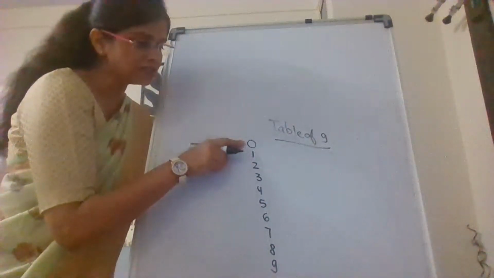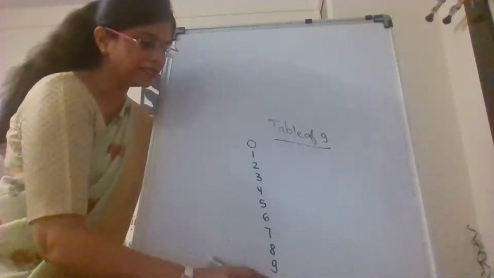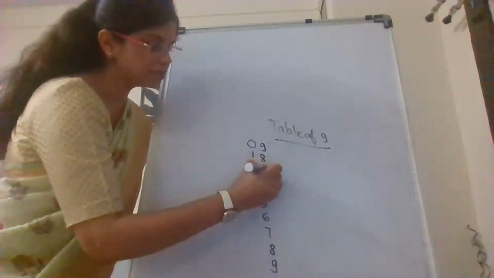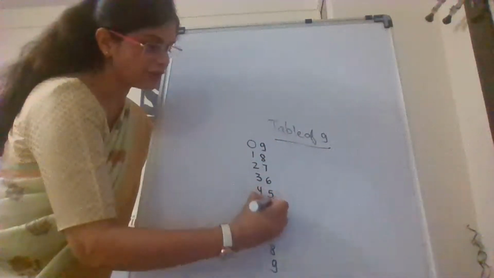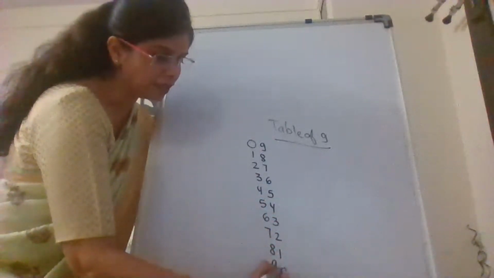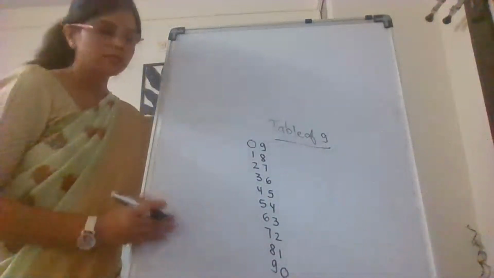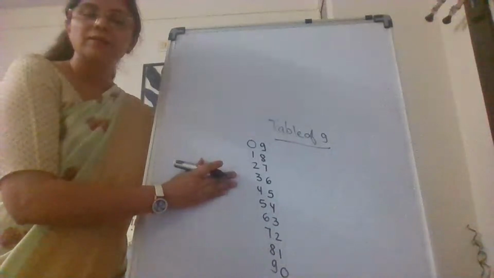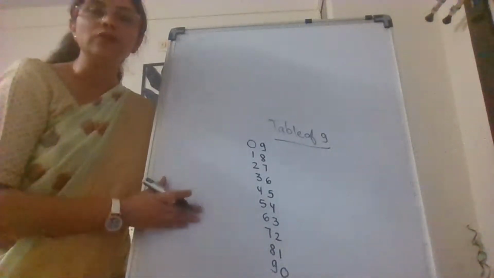First, we have written 0 to 9, and then we will write 9, 8, 7, 6, 5, 4, 3, 2, 1, and 0. So isn't it so simple to make? I know many of you know this trick because table of 9 is really very easy to learn.